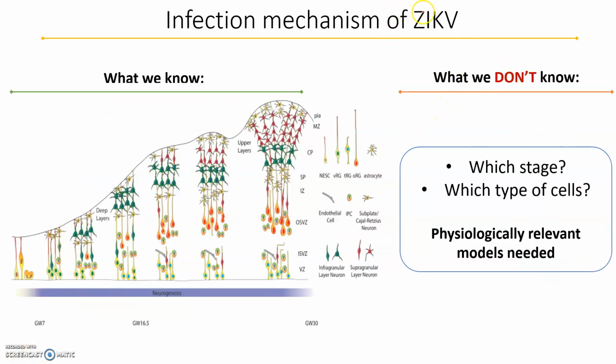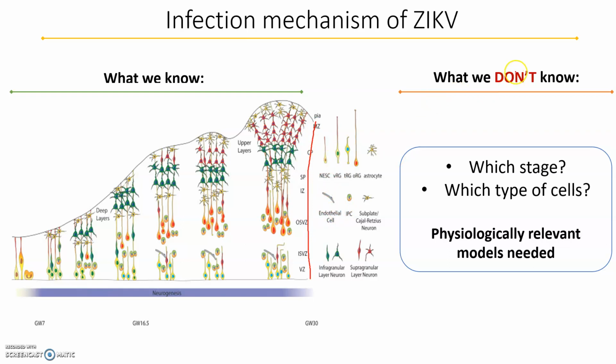So going back to Zika virus, we know that we have this very complex process of differentiation and proliferation, and that by the end of week 30, we're going to have this very complex tissue formed by several types of neural cells.